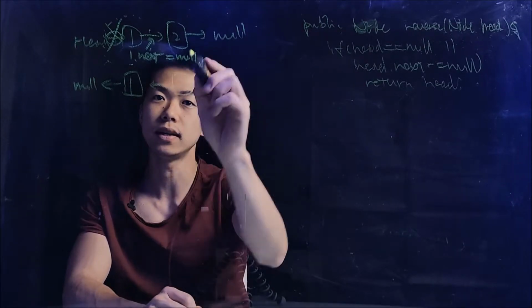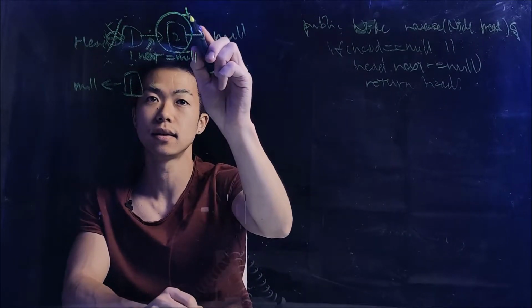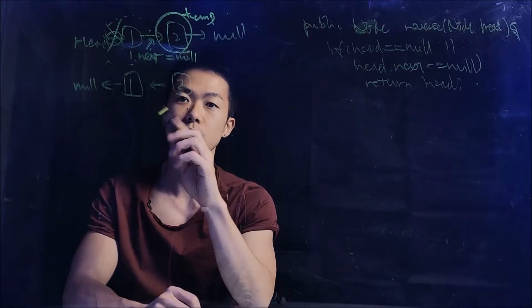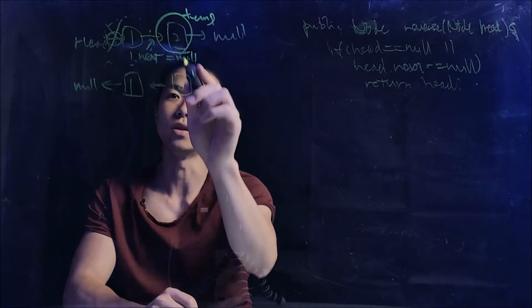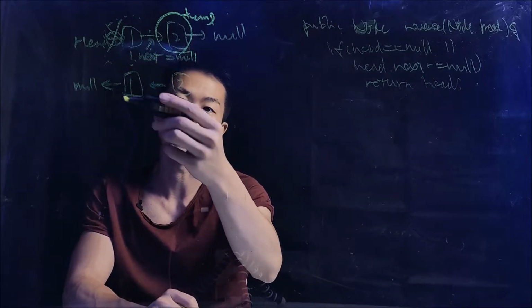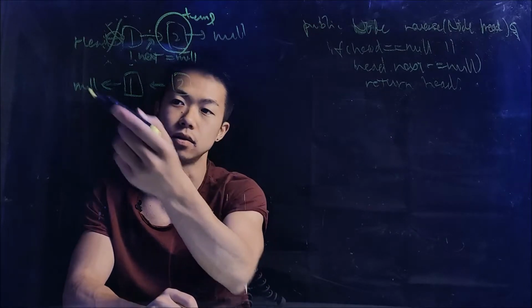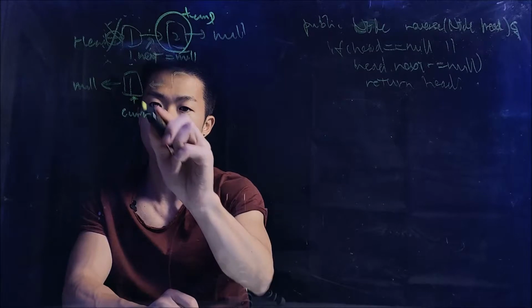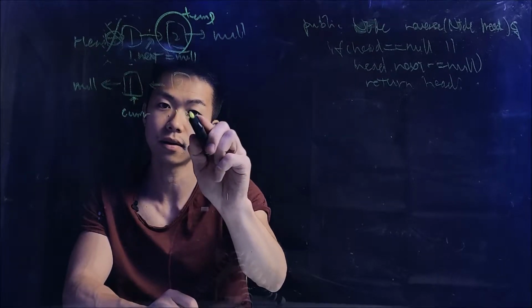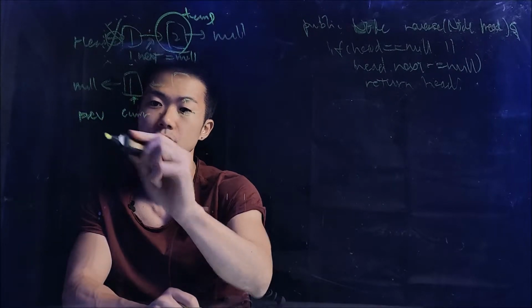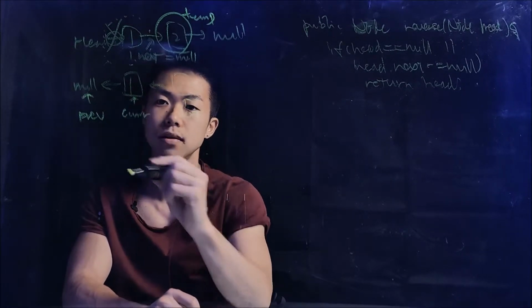But to do that, we need to keep this one in a temporary variable so that we don't lose this guy. So we are cutting this connection here while reassigning one.next back to the previous one. So that's why we're gonna have current point to 1, then next point to 2, and then prev, short for previous, pointing to null.